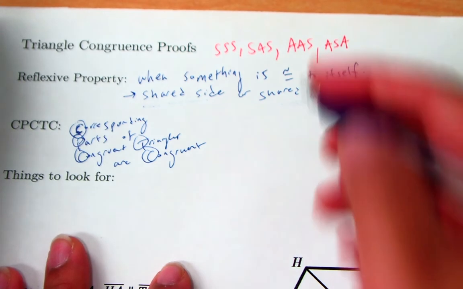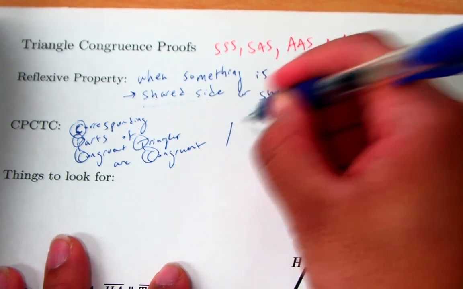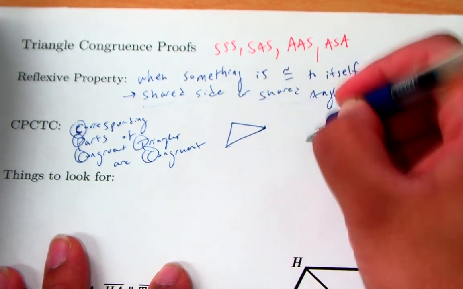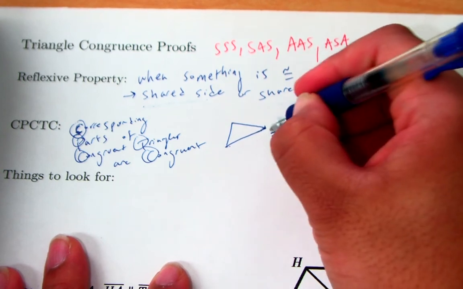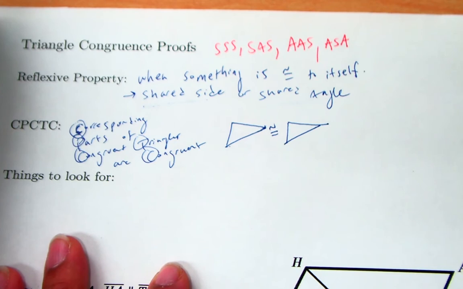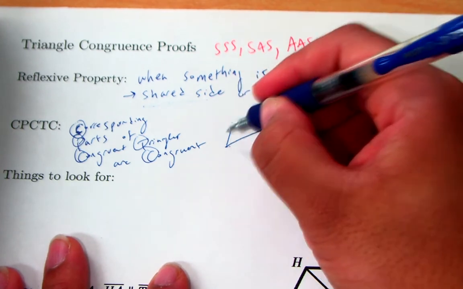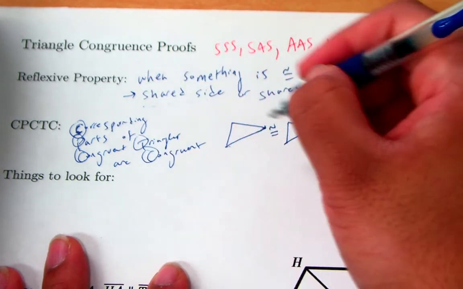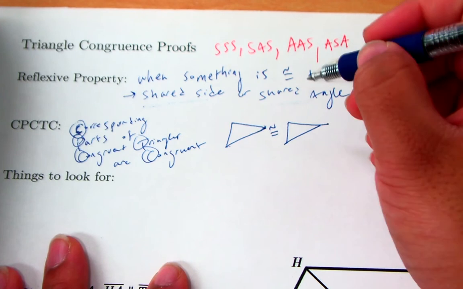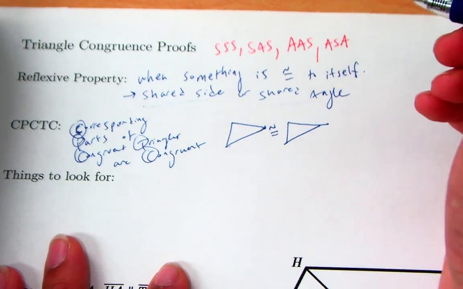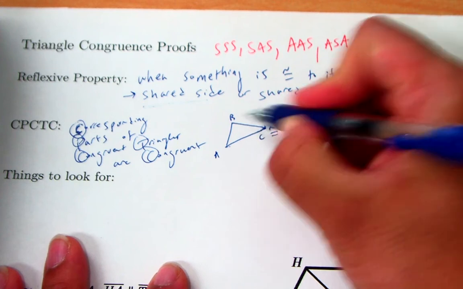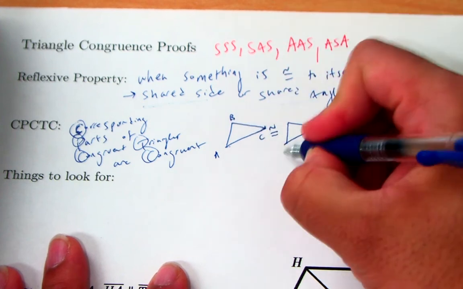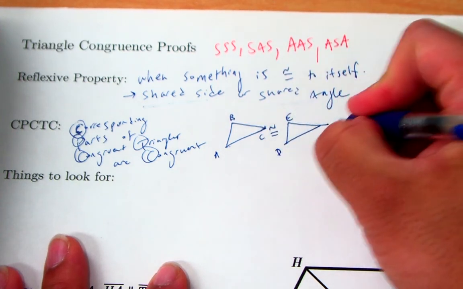It says that if two triangles are congruent, in other words, if I have a shape like this, and we've already established through a proof that these two shapes are congruent, then the consequence is parts in matching positions, or corresponding parts, or things that line up properly, will themselves as individual pieces also be congruent. So for example, let's say this was called triangle ABC, and we had already established through a proof that it's congruent to triangle DEF.